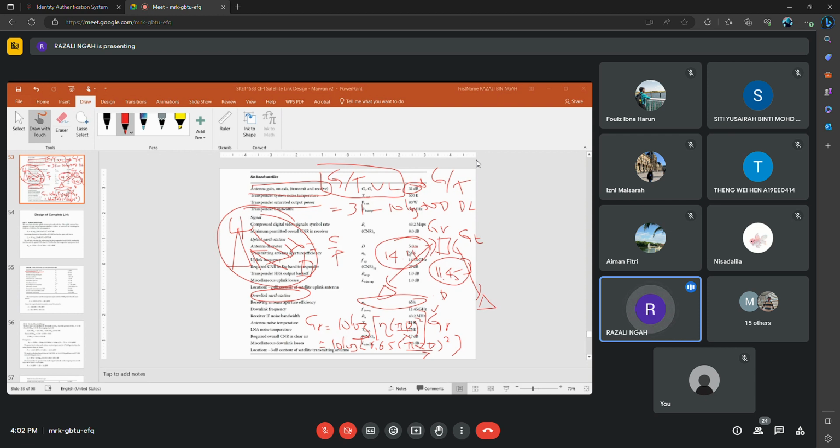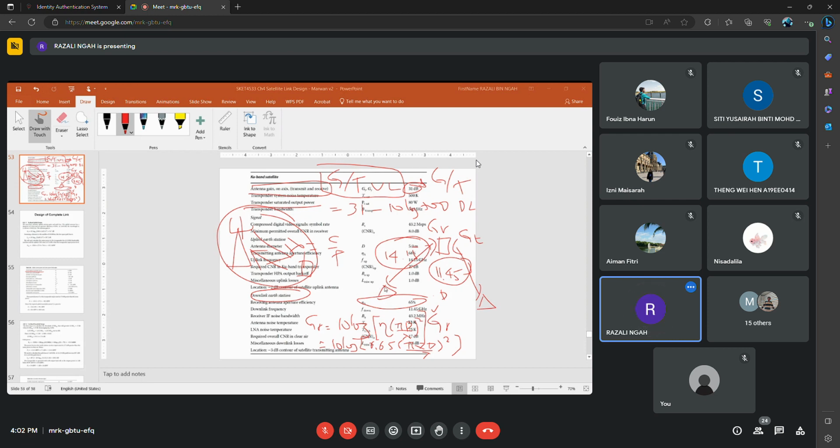But the higher path loss for uplink, we can compensate by using high gain and high power on the transmitting station.